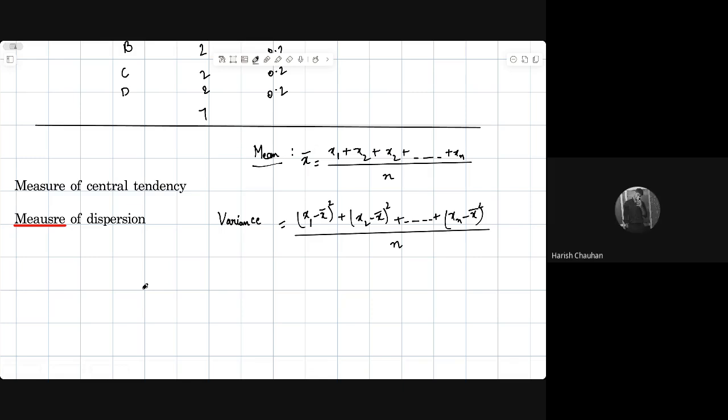Ma'am, can you please explain what will happen if we multiply a constant in variance and in standard deviation? Sure.